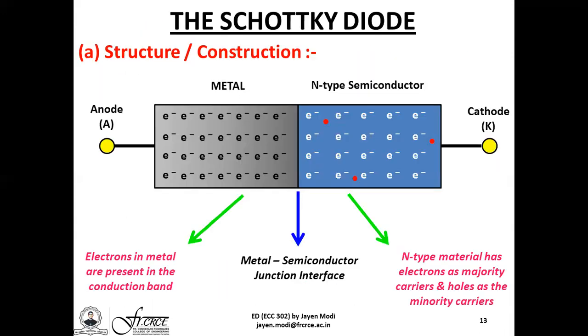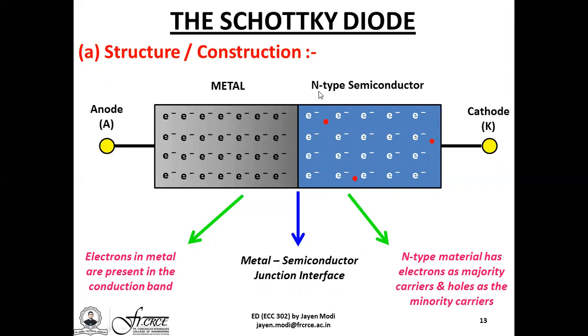Well, what he did was, in his particular Schottky diode, he just replaced the p-type semiconductor material with a metal. Yes. So here you have the n-type semiconductor as it is, but its doping levels are moderately to extremely high. They contain electrons as the majority carriers and a very few number of holes as the minority carriers.